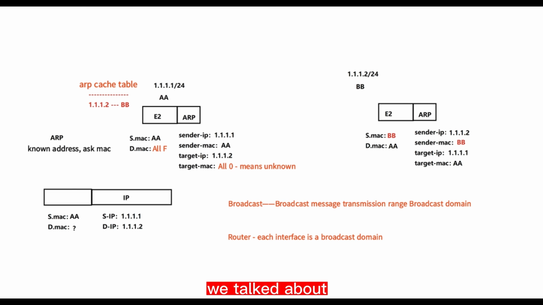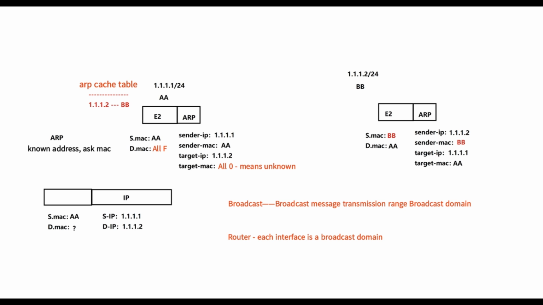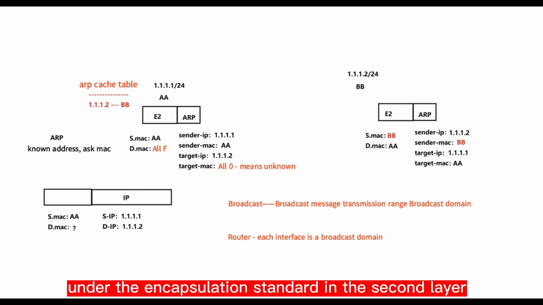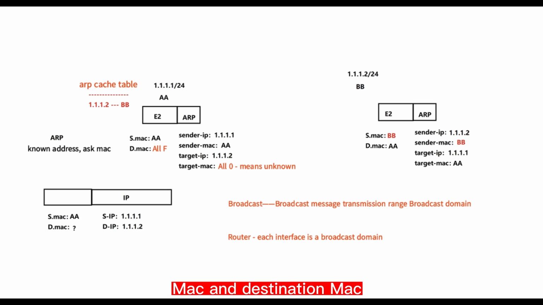We talked about two encapsulation standards for the data link layer: one is E2 and one is 802.3, but the most used now is E2. That is to say, under the encapsulation standard of the second layer, we want to encapsulate the source MAC and destination MAC.